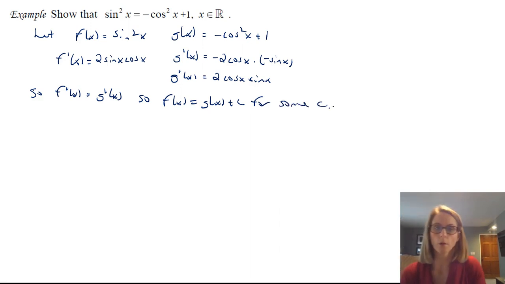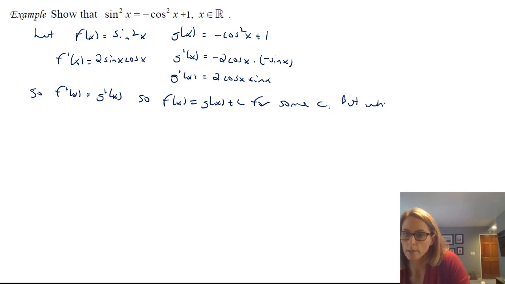So there's some value for which these two functions should only differ by a constant. But we want to show that that constant is 0 because we are trying to say that these two functions are exactly the same. So for some c, but what c?